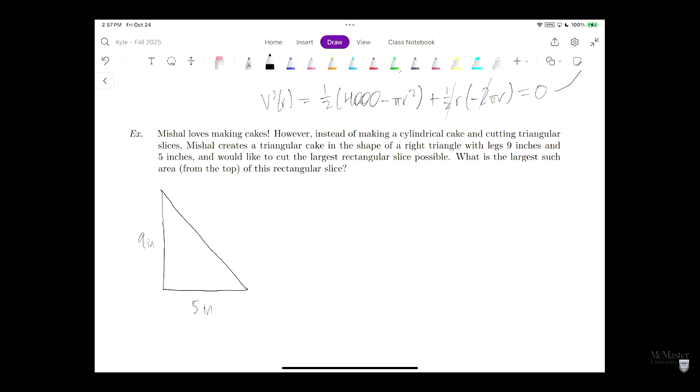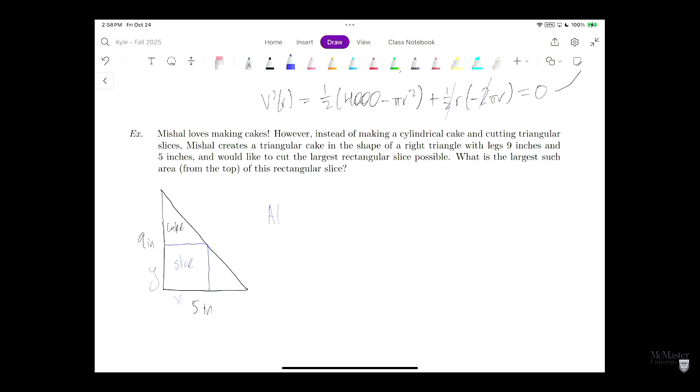And the goal is to cut a rectangular slice with the largest area. So here's our slice, and here's our cake. What is the largest such area from the top of this rectangular slice? So we're going to let this distance be x, and this distance be y.